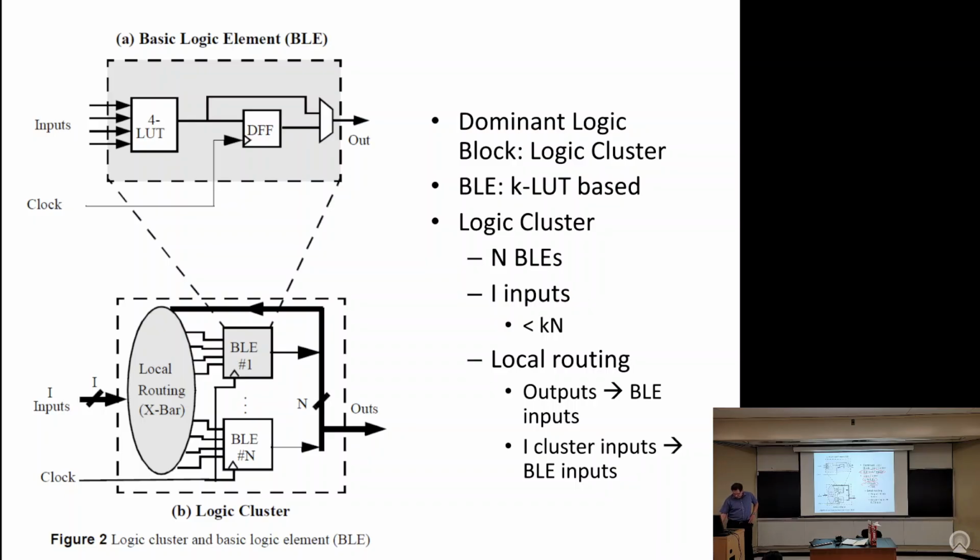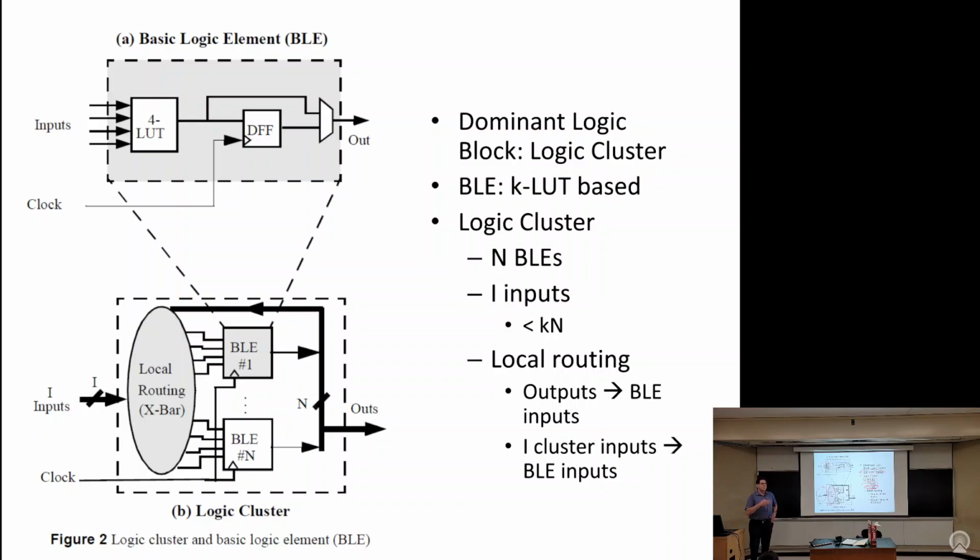This will always be less than, well, with the structure I showed you, where the LUT feeds the flip-flop, there's no reason to ever bring in more than k inputs per basic logic element, because that's the most I'd ever need. If I have n of them, I'm for sure never going to need more than kn inputs for this whole cluster. But to make this local interconnect smaller and to make the interface to the general routing smaller, most chips basically choose to bring a smaller number of inputs in.